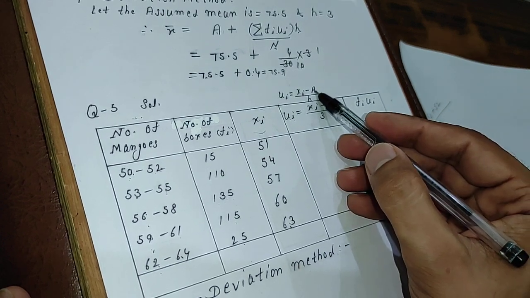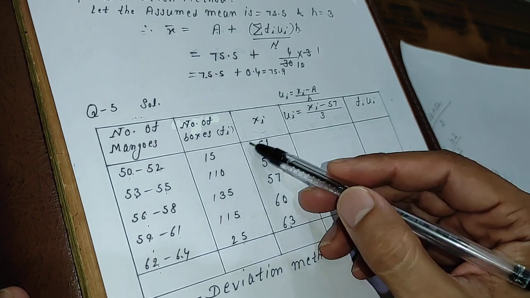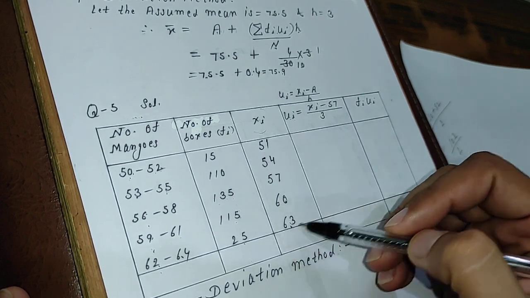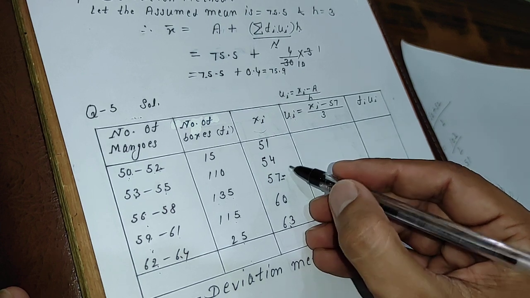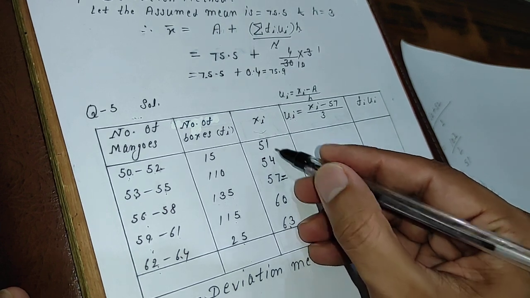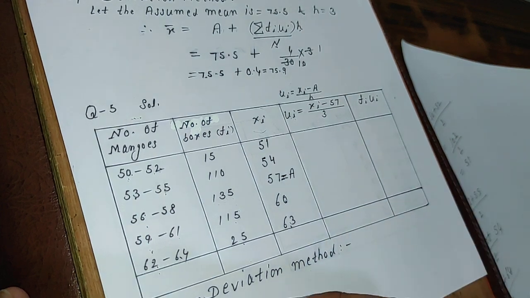Here a means assumed mean. Assumed mean has to be taken from xi. You can choose any one. Let us choose this 57 as assumed mean. Let a be equal to 57.